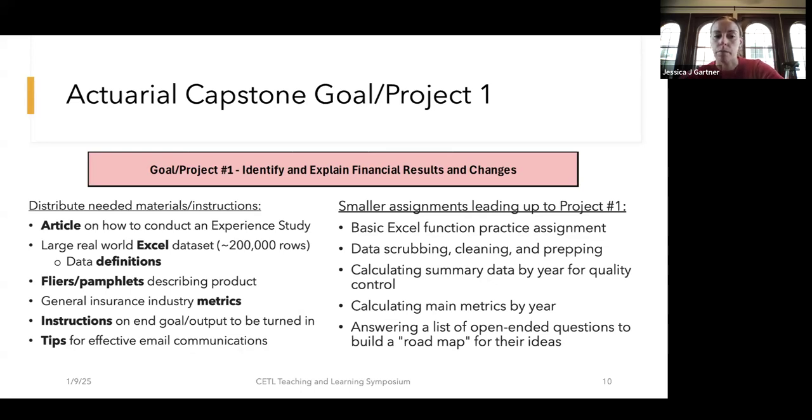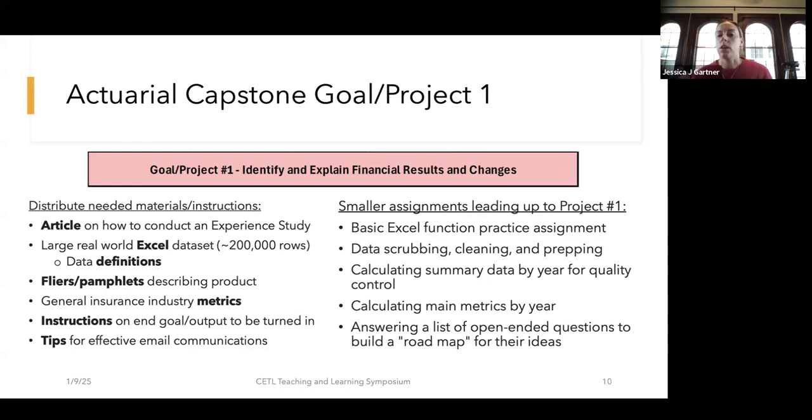So I try to get them comfortable with each thing before we move on to the next item. And to do that, I assign smaller assignments or projects that have smaller point values to make sure that they are following along with the class and everyone feels comfortable with what they need to do next. So I give smaller point assignments for some basic Excel function practice. Again, some people may not have ever seen Excel before, so just learning basic functions in there, I give points for that.